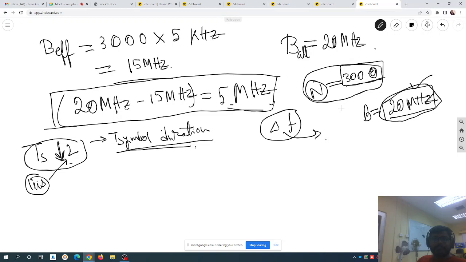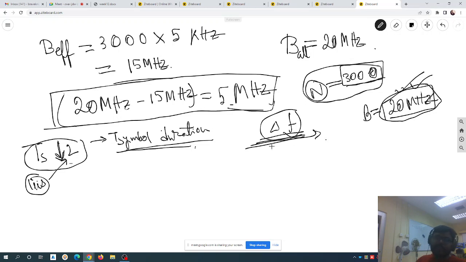Subcarrier. Delta f has to be increased. Which should be increased? Bandwidth. But there is a constant bandwidth allocation, so I cannot go beyond 20 megahertz. This bandwidth is constant, so what we can change is this delta f.